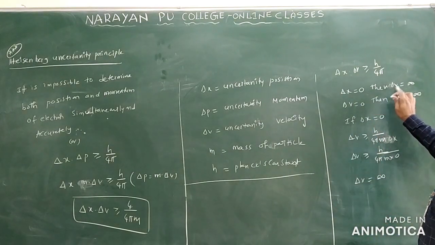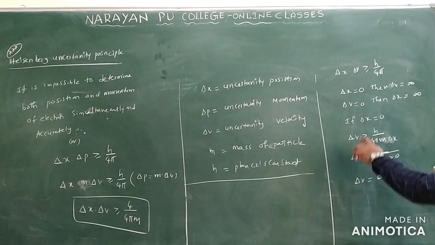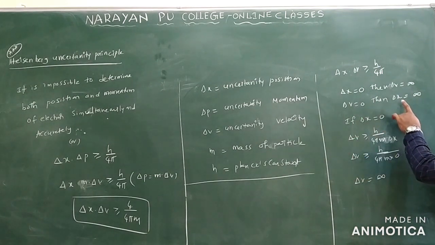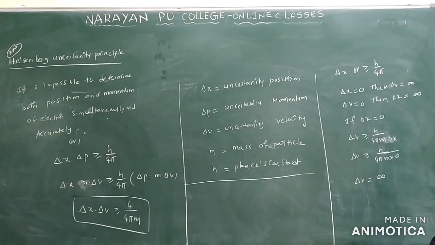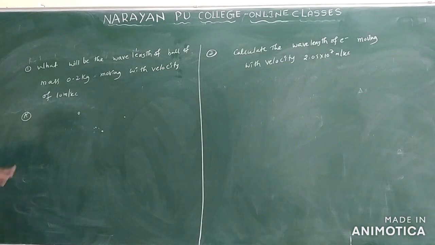If delta x is equal to 0, delta v becomes infinity. Or if you take delta v equal to 0, then delta x becomes infinity. So what I can tell here is, if you want to find one factor with high accuracy, the next one becomes infinity. This is regarding the Heisenberg uncertainty principle.